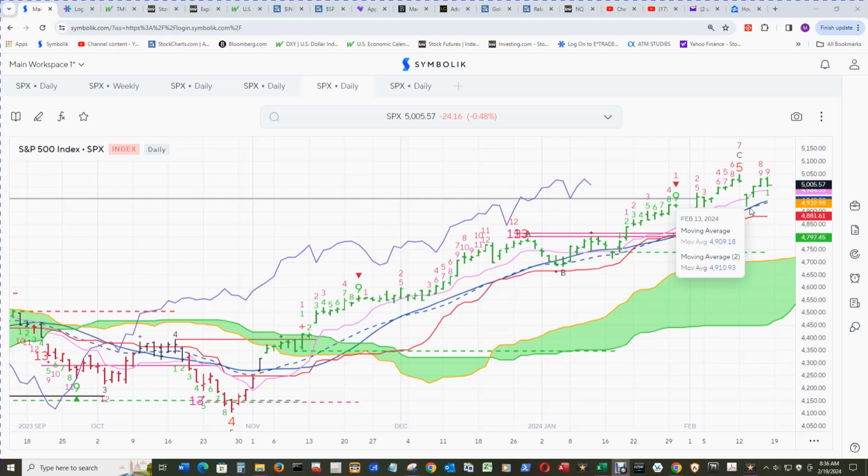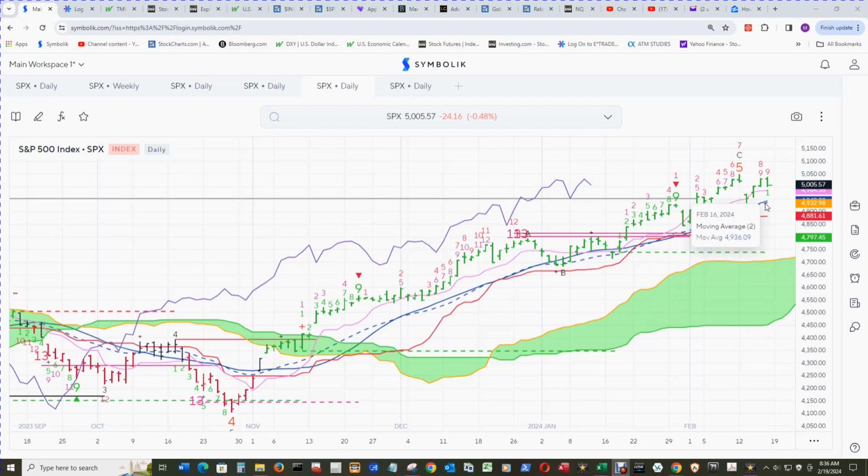So the 21 EMA has been underneath the 20 simple moving average since the 14th, so 3 days underneath it, and the last time it was underneath it was back here on January 24th, and it went above it and pretty much stayed above it.